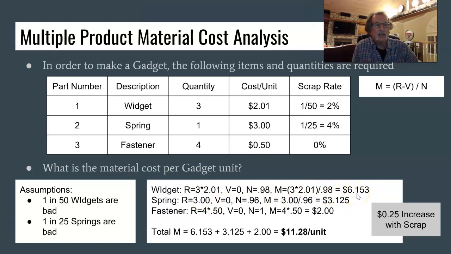It's $6.15. For our spring, we divide by 0.96 because 4% of them are bad, $3.125, and then fasteners are always good. Our cost has increased from $11.03 a unit to $11.28 a unit. So recognize we're doing the components individually and adding them up.